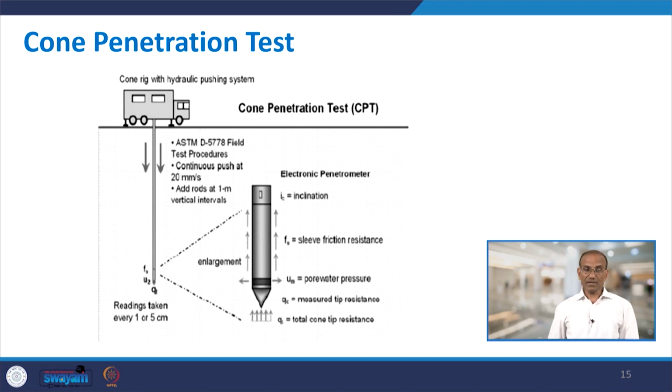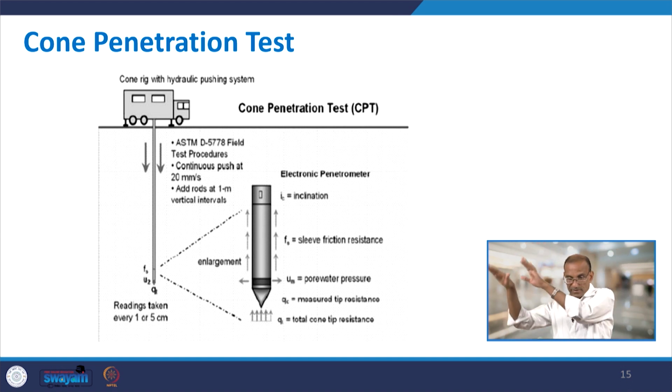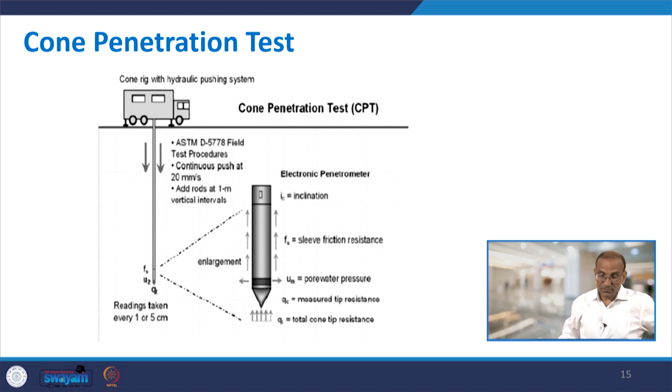A typical example of CPT is given here. In the CPT you use some mechanism like a truck on top, with a rig with a hydraulic pushing system, though it can be done without the truck also, and the penetrometer goes inside the ground. This figure is enlarged for a cone, showing the detail of the cone.